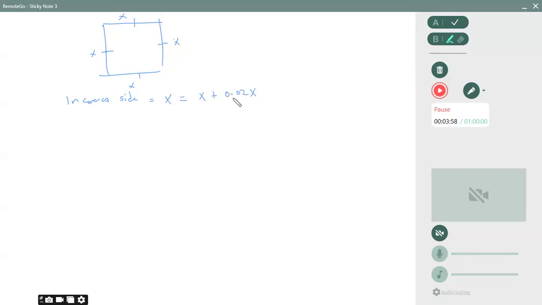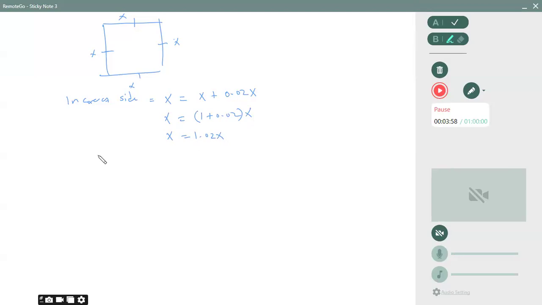I can call it, maybe there would be error. So that implies this x is the same as 1 plus 0.02, but in brackets, x can go out. So this one will be 1.02 of x. So this is for the incorrect side.